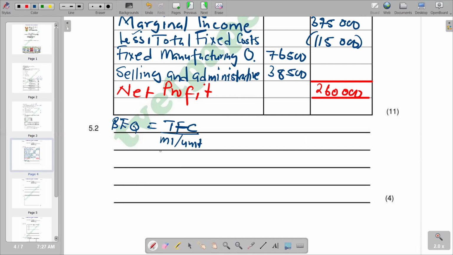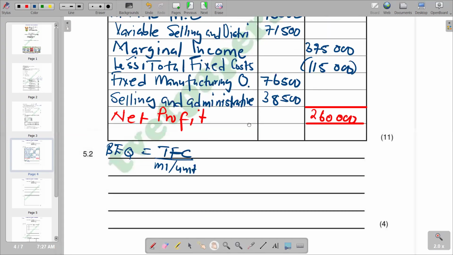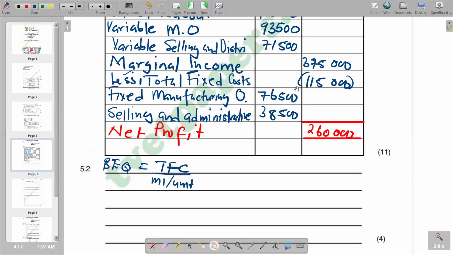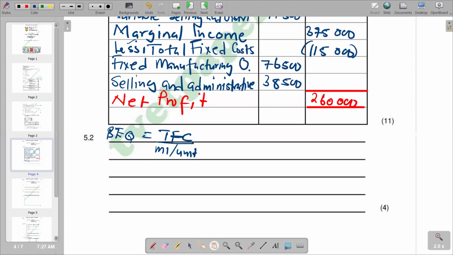So what do we have in terms of those figures? Total fixed costs we have already calculated here, and we got 115,000. So this is going to be our numerator. And then we divide by marginal income per unit, of which marginal income we've got 375,000.